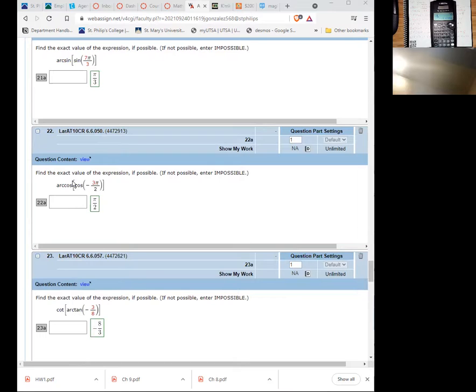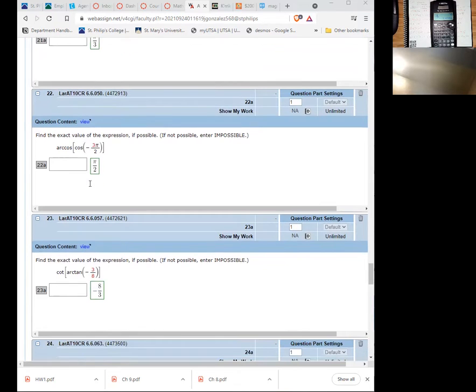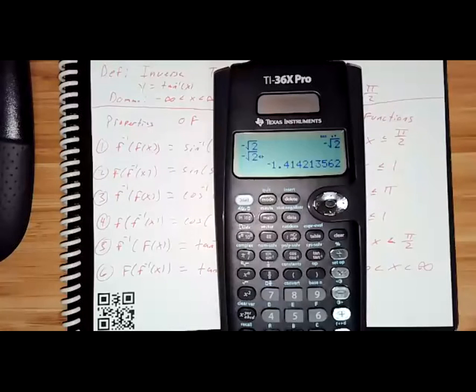So you have a few of these. Some you have to adjust because they are outside the domain. So you have to find like a reference angle. Like let's do 22, right? So we know that this should cancel out and give me the value, but they want only pi/2. Why is that? So let's look at our circle.